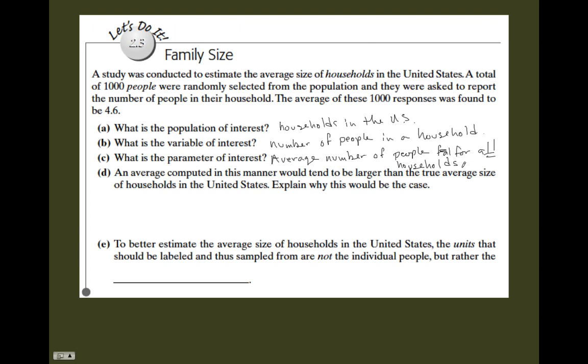And actually, the U.S. government does attempt to do this every 10 years. It's called the U.S. Census. And of course, when we sample an entire population, we call that a census. But our government is really never able to accomplish that goal.